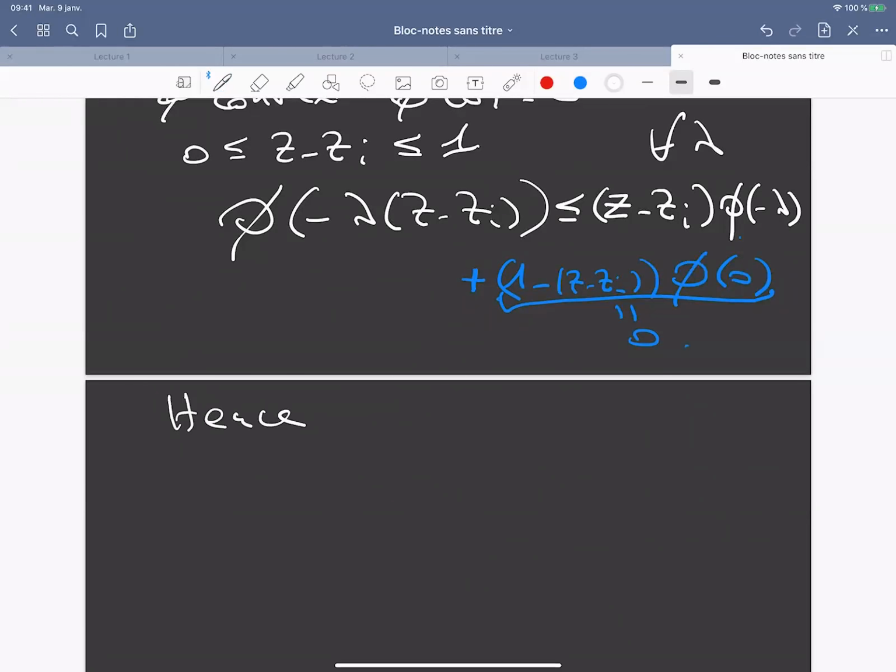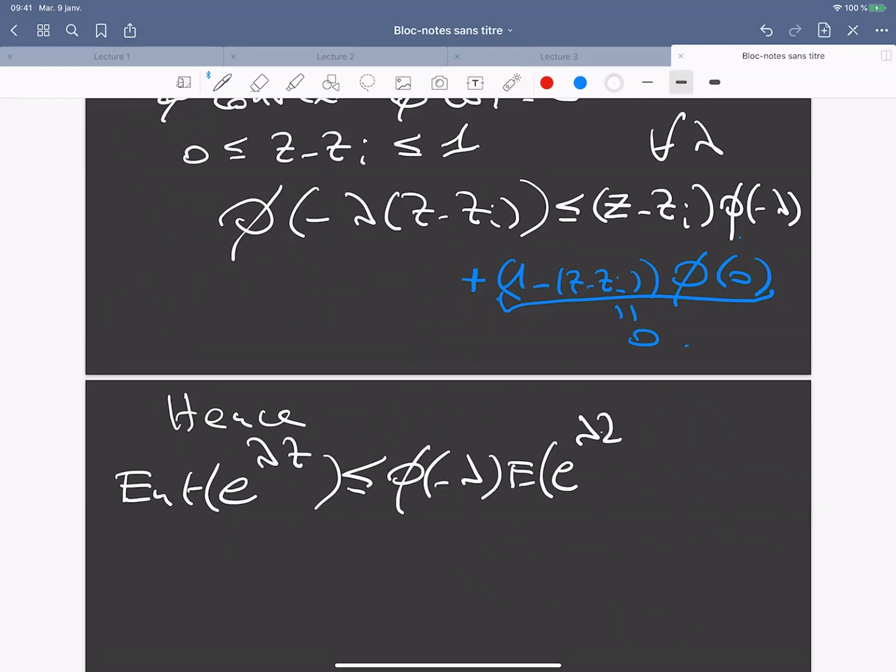And what we get is that the entropy of exponential of lambda Z is less than phi of minus lambda times the expectation of exponential lambda Z sum of (Z minus Zi). And of course, this is the very point where we use the self-bounding condition, just to say that it is less than Z here.